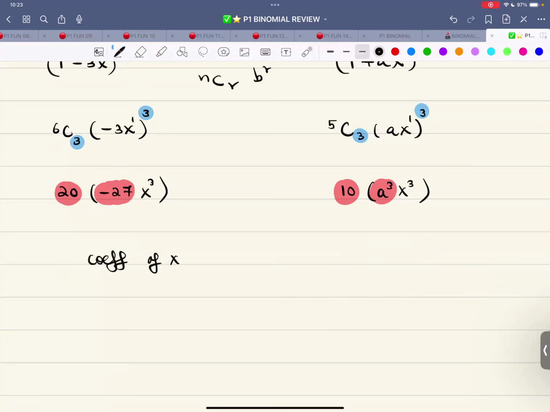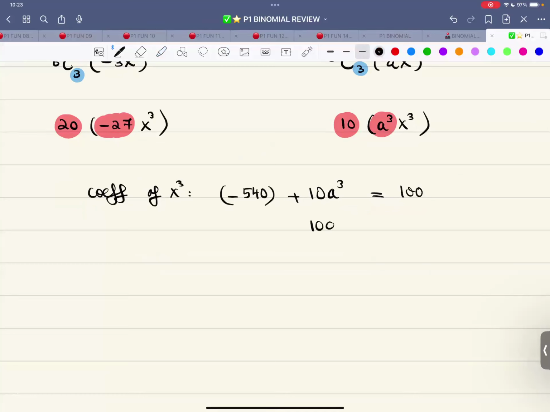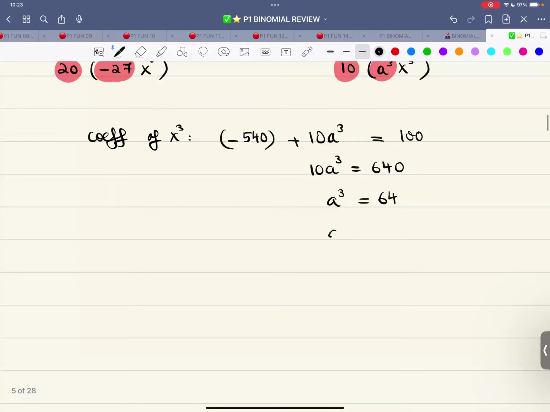So coefficient of x cube, that is negative 540 plus 10a cube is equal to 100. 10a cube is equal to 640. a cube is 64. a is cube root of 64. That comes out to be 4. That is the value of a.